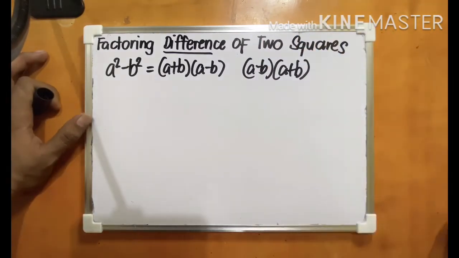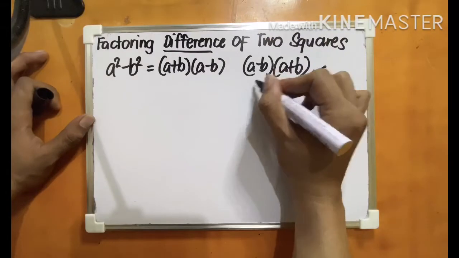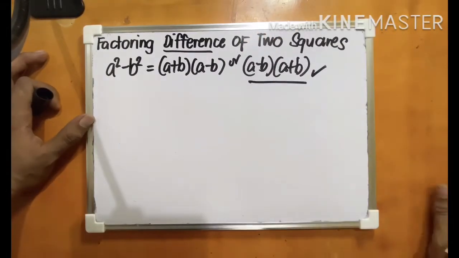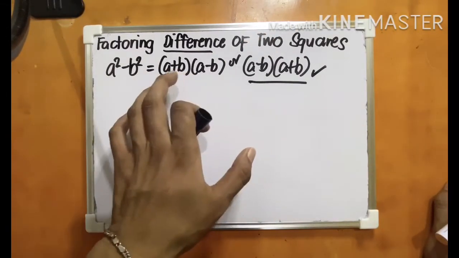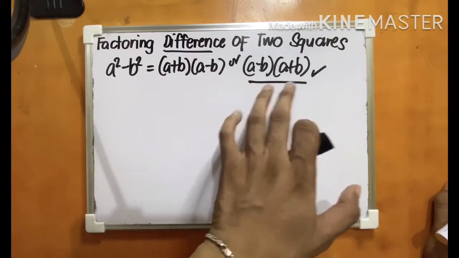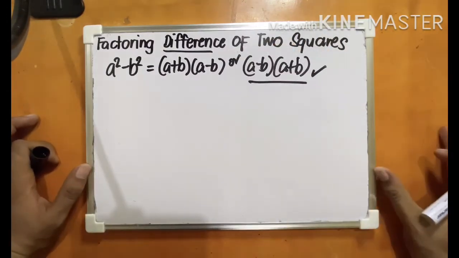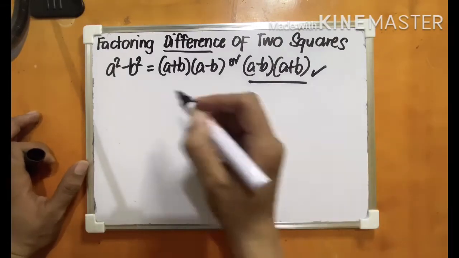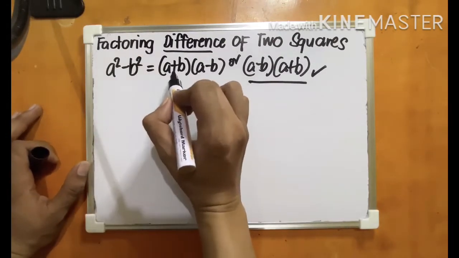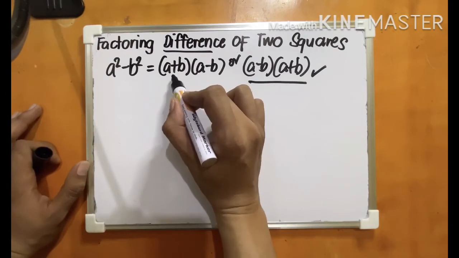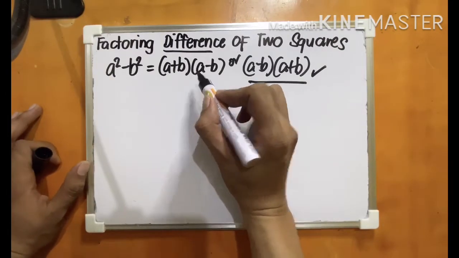Is it correct?" So yes, this is correct. A plus b, a minus b, or a minus b, a plus b. No need to ask that one because they are the same.